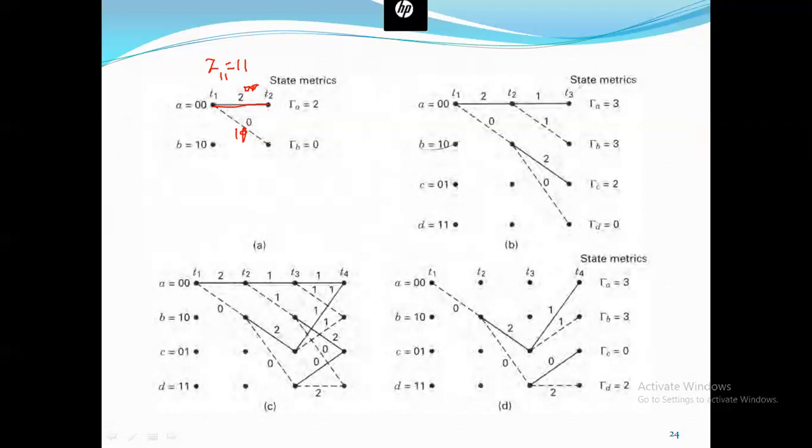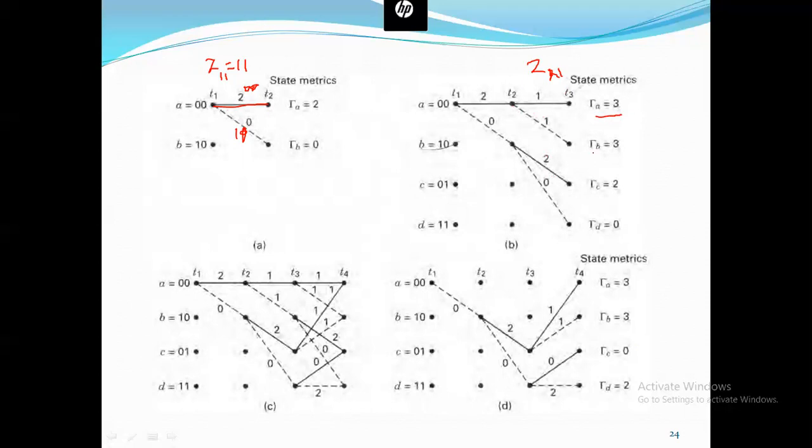So here we cannot terminate any path, because we keep proceeding with these two paths, and we calculate the paths emerging from time T2, and calculate the corresponding Hamming distance from the received branch for Z. And we calculate the sum of the Hamming distance for all these paths.